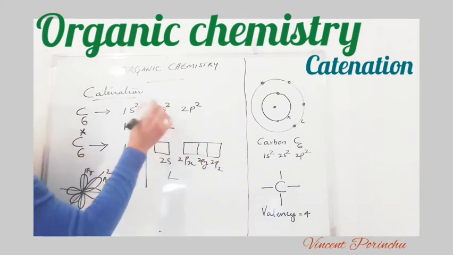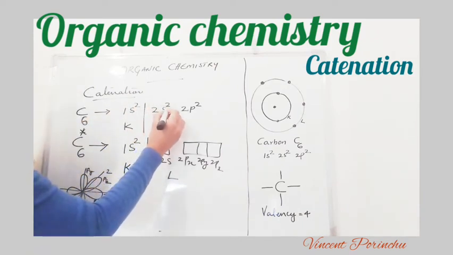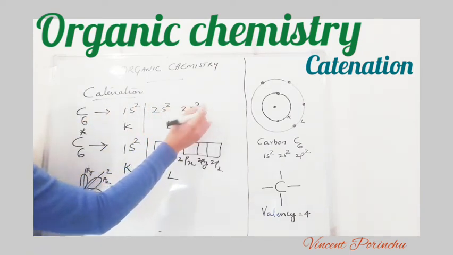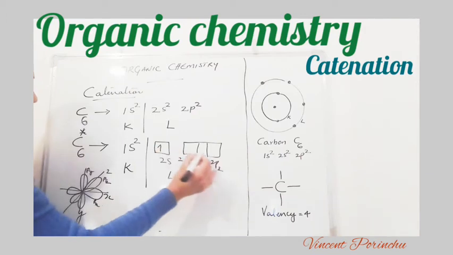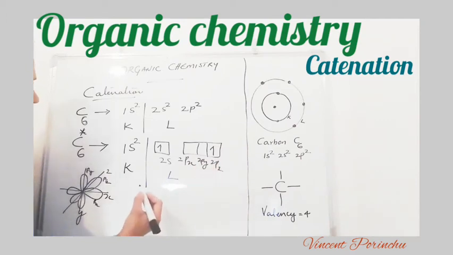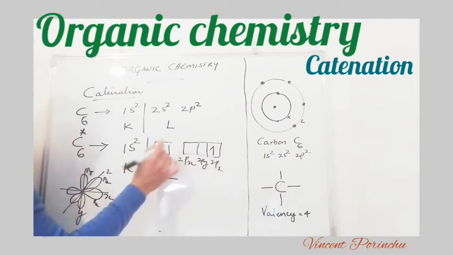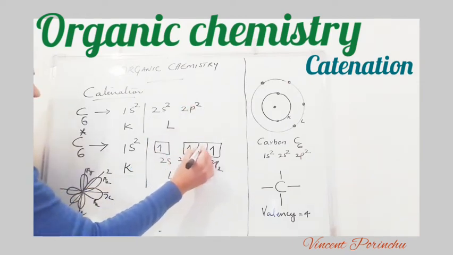So here what happened in the excited state, one of the s electrons jumped into a p orbital, so 2p2 becomes 2p3. The one electron from the 2s orbital jumped into the 2pz orbital. So this becomes 2s1, and the remaining 2p electrons we can fill like this.